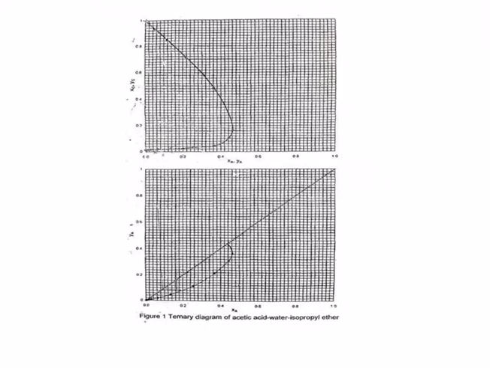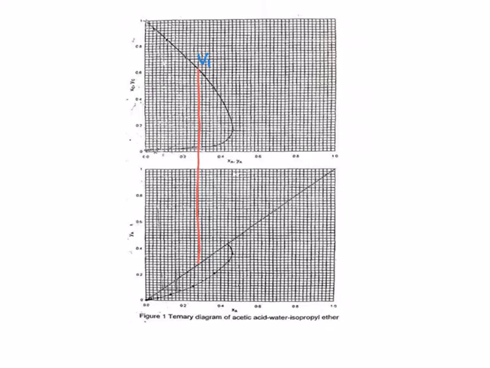So how do you calculate the number of stages using this diagram? Just follow me. What you need to do is to determine your V1 first. By having your V1, you draw a straight vertical line, I just estimate here, up to the 45-degree line.